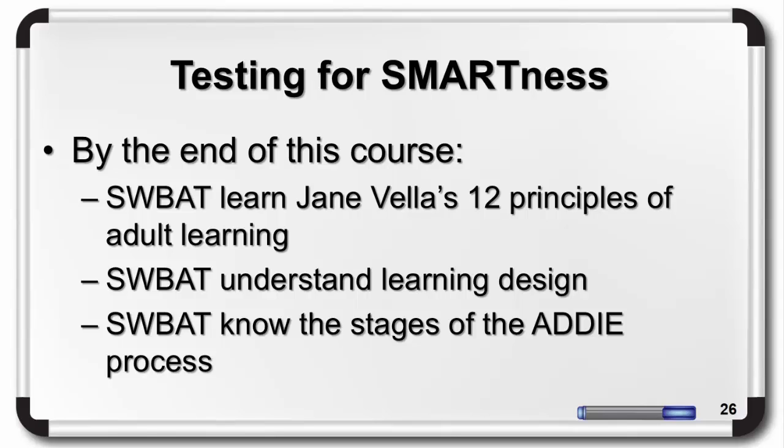This outcome may also fail the specific test in that it doesn't suggest what or how much about learning design the learner must know and demonstrate. In the same way, the third outcome is equally vague. To what degree should students know the topic? Each of these verbs, to learn, to understand, and to know, should therefore not be used when writing outcomes.